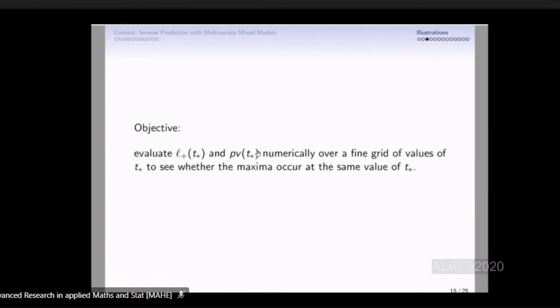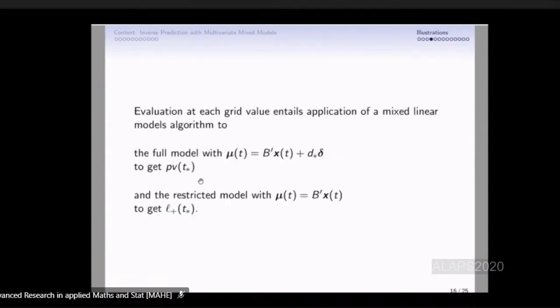So over a fine grid of t star, just to compute the maximum. Well, each one of those computations involves an application of a mixed models algorithm. Proc mixed is what I used in SAS. So I used a grid that had 176 values of t star, and it's required for both the full model and a restricted model.